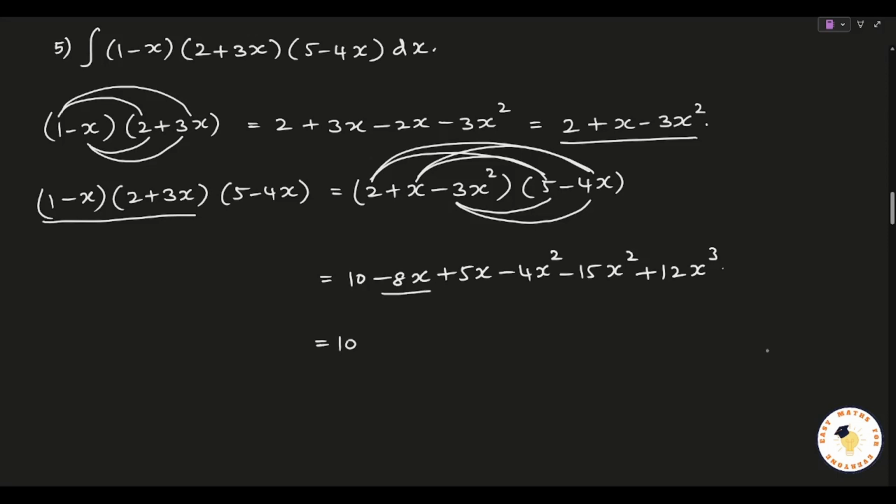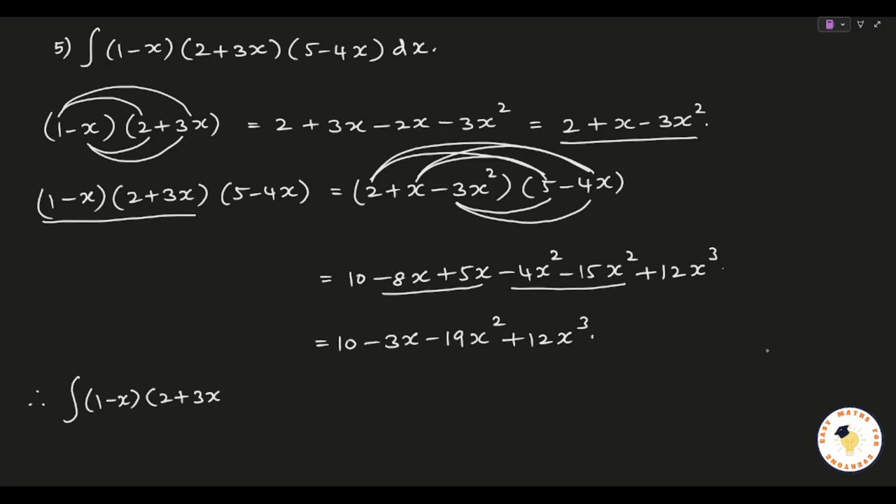10 minus 8x and plus 5x will give minus 3x. Minus 4x square minus 15x square will give minus 19x square plus 12x power 3. Therefore, integral of 1 minus x into 2 plus 3x into 5 minus 4x dx will be equal to integral of 10 minus 3x minus 19x square plus 12x power 3 into dx.